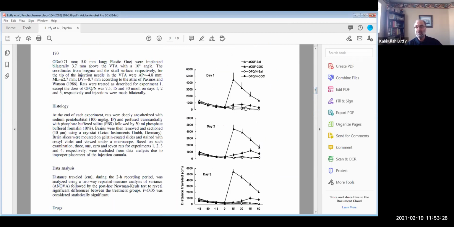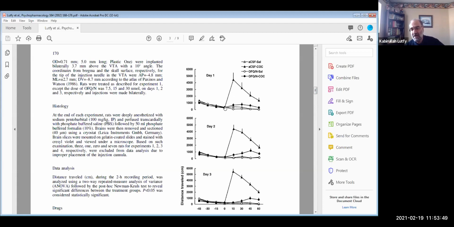So if you inject animals with vehicle, these open triangles, you give them vehicle followed by vehicle ICV, in the ventricle injections, and then you give them an IP injection of saline. That's what you get.